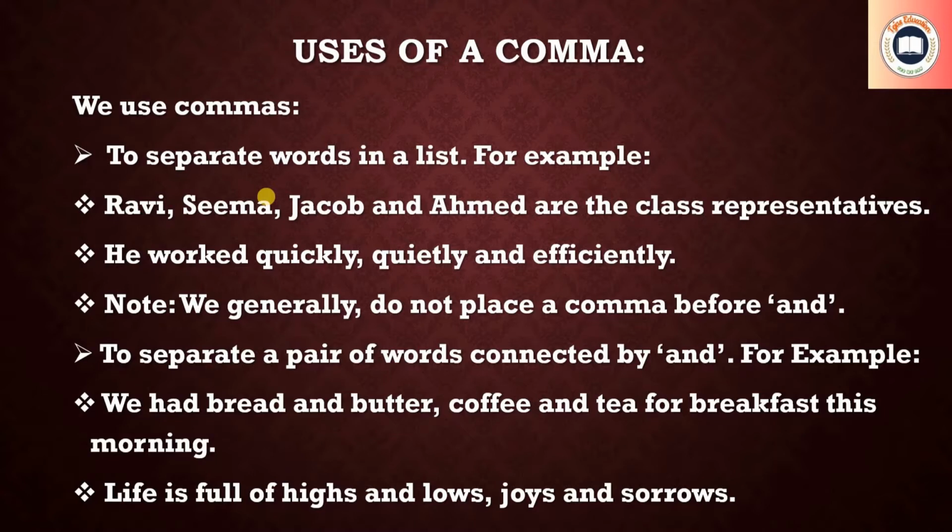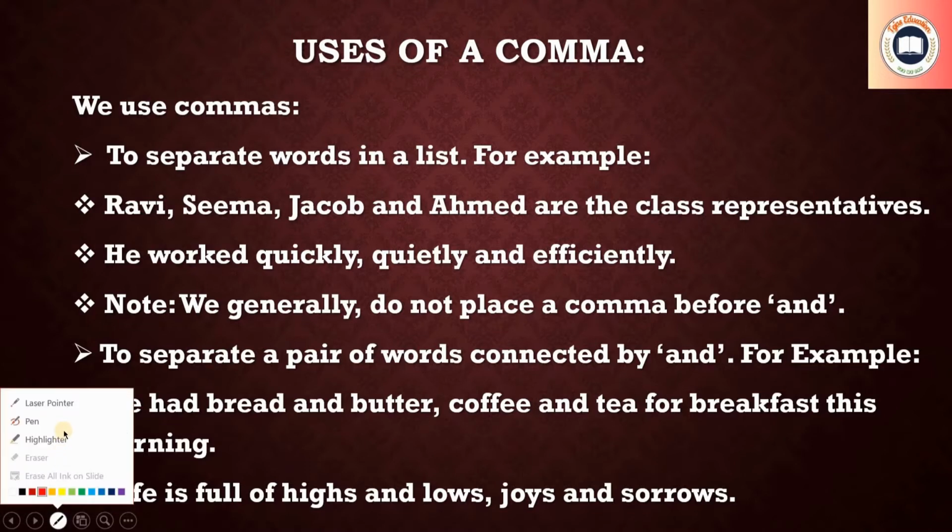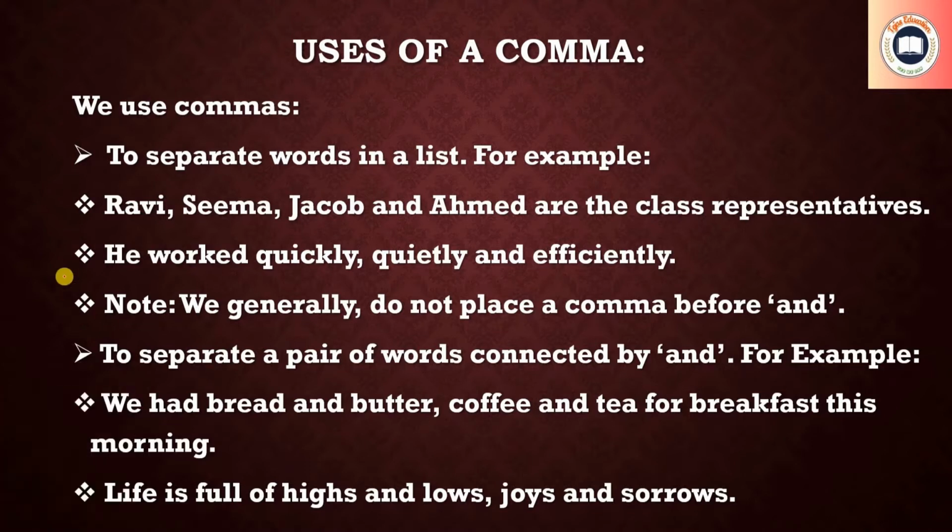That is the sentence I used there, right? And there also I used a comma to separate words in that list, and I used the commas there to denote a short pause. So we have seen the first use of the comma, that is to separate words and to denote a short pause. In that we have seen the first example.